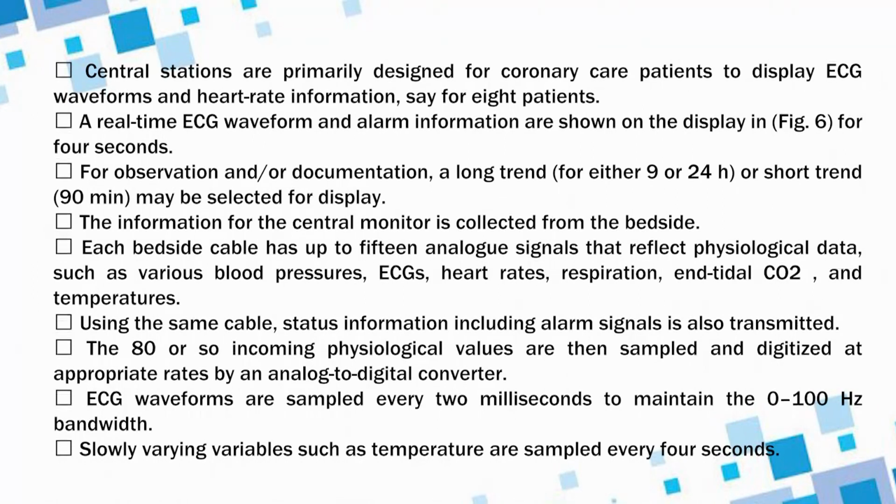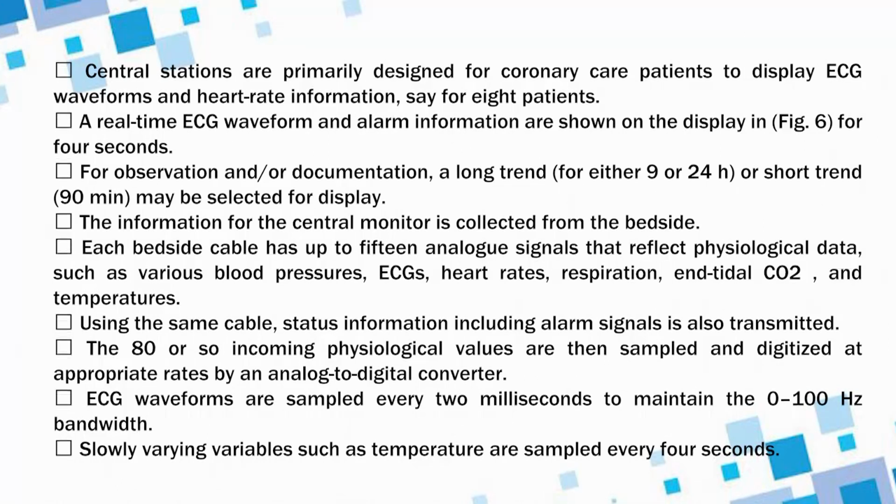Using the same cable, status information including alarm signal is also transmitted. The 80 or so incoming physiological values are then sampled and digitized at appropriate rates by an analog to digital converter.